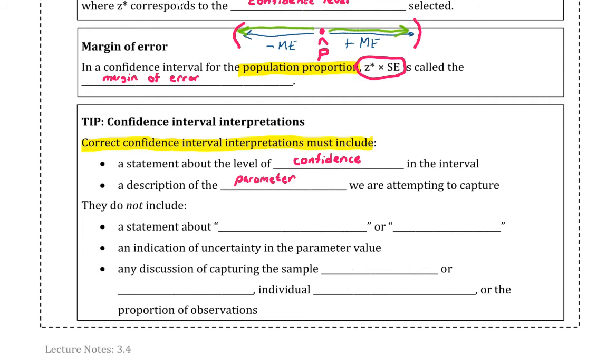Your confidence interval interpretations should not include any statement about probability or chance, any indication of uncertainty in the parameter value, or any discussion of capturing the sample statistic or the point estimate, individual observations, or the proportion of observations.